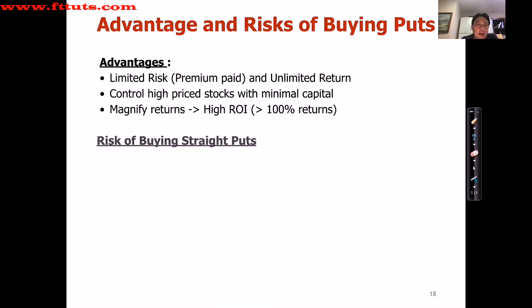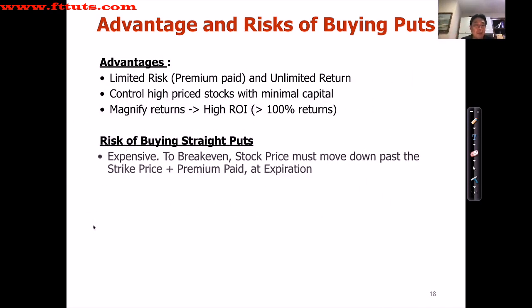So what is the main risk of buying straight puts compared to other more advanced strategies you will learn in the next part of the course? Well, the main risk, again, when you buy a straight put or a straight call, is that it is relatively expensive compared to a put spread, which you'll learn in the later lessons.